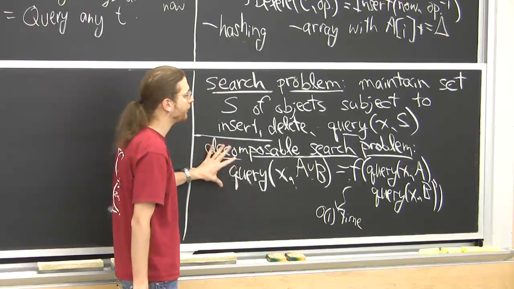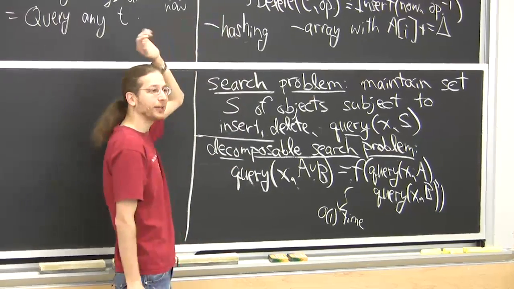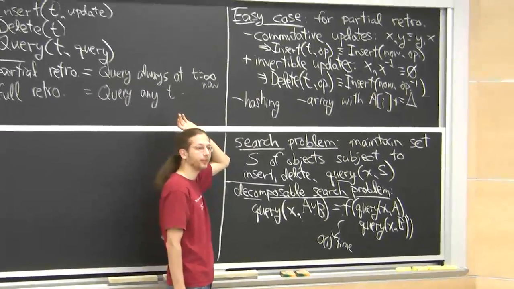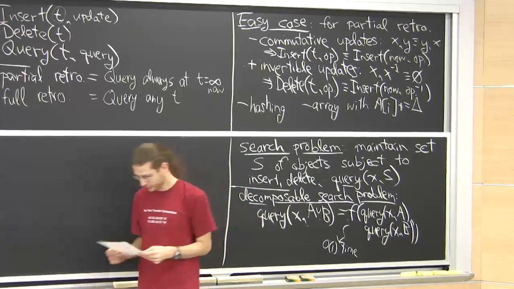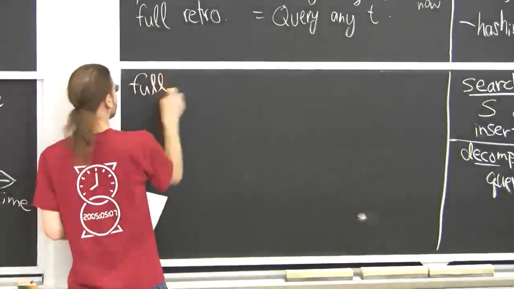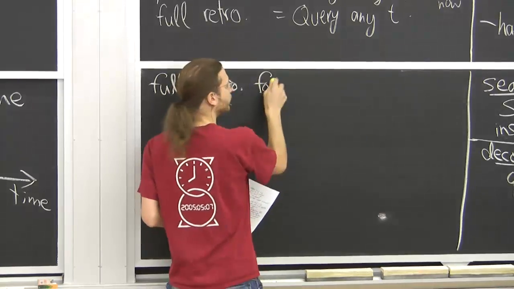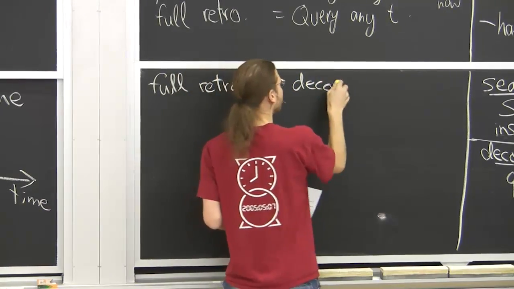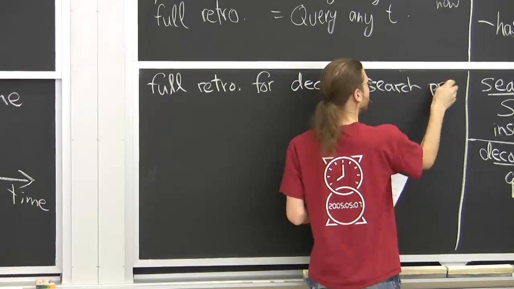Okay, so some queries have this property, some don't. If they do, and we have commutativity and invertibility, I claim full retroactivity becomes relatively easy. Log factor overhead. So that's what I wanted to show you. Full retroactivity for decomposable search problems.